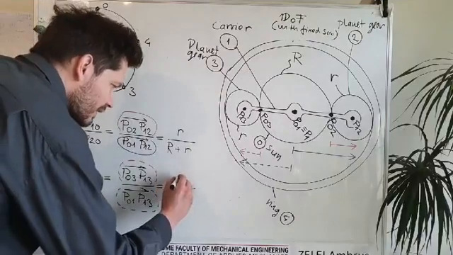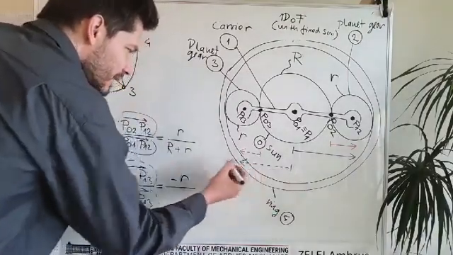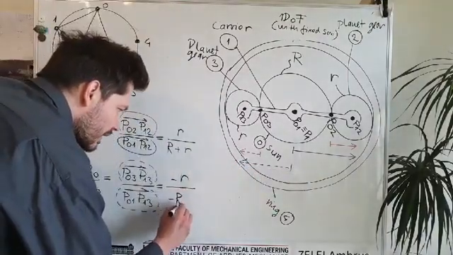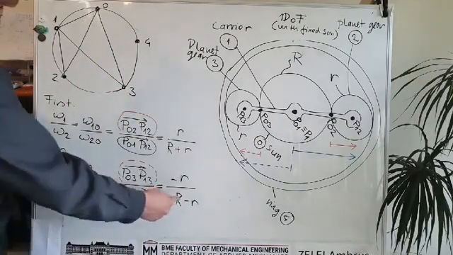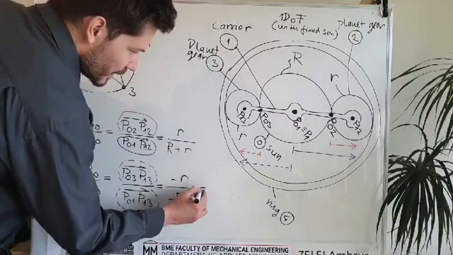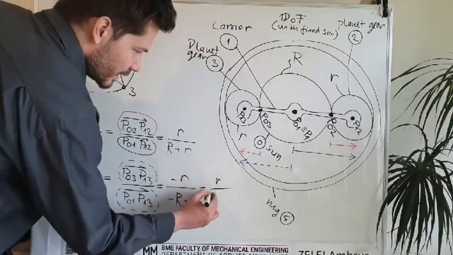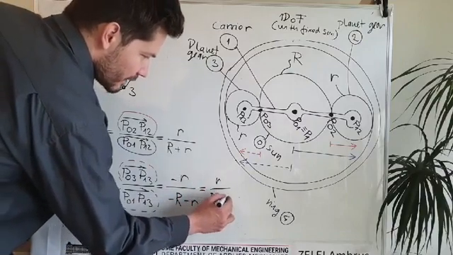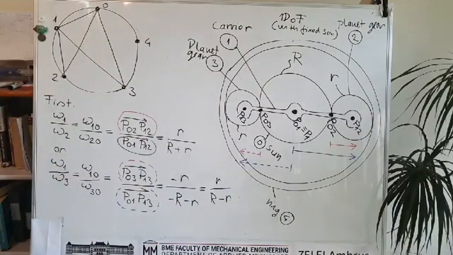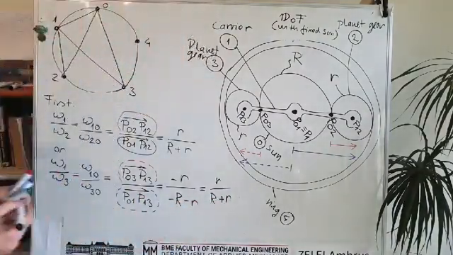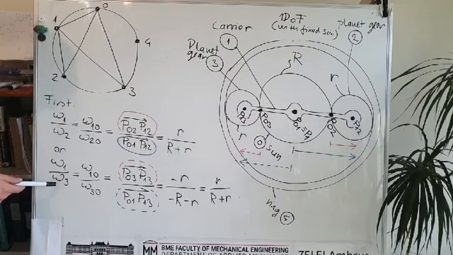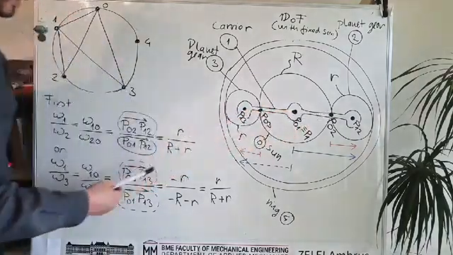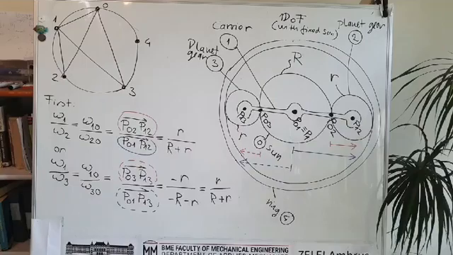So this distance is minus r, and this distance is minus R minus small r. Okay, but finally they are the same, but we arrived there in different ways. Sorry, this is plus. So as we said, the angular speeds of the planet gears are equal to each other, which is fine.